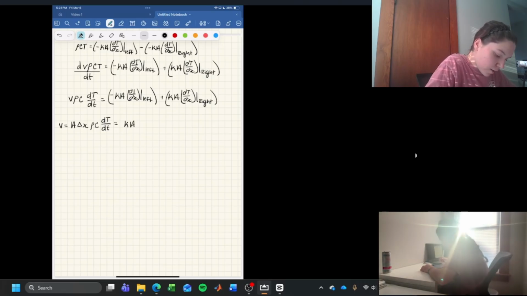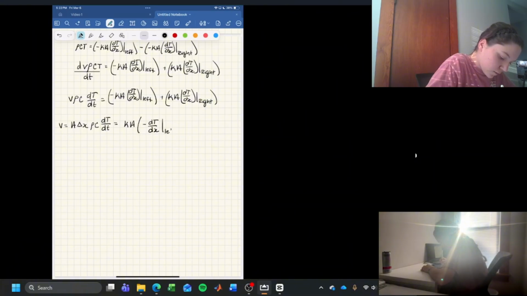So that can just be A. And then what we have left is the negative change in temperature over the change in position, evaluated from the left, plus the change in temperature over the change in position, evaluated from the right.